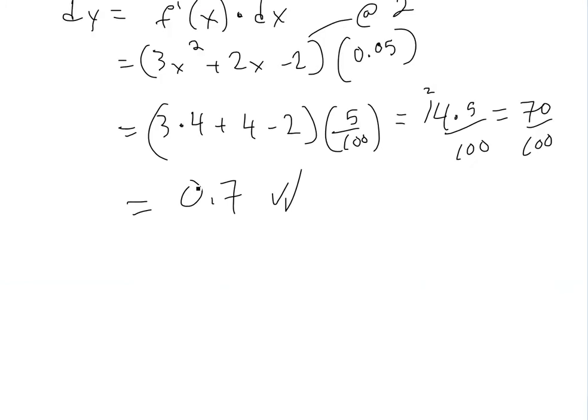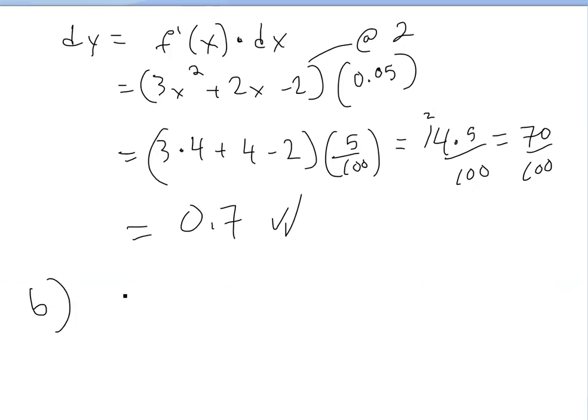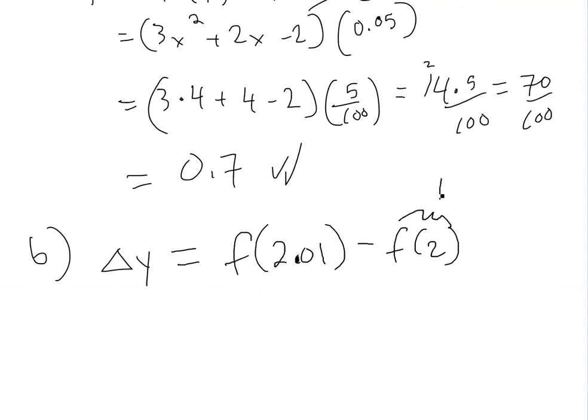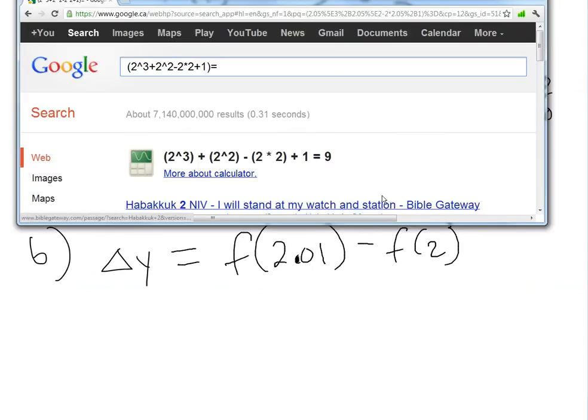So now let's look at part B. Let's look at delta y. This is from 2 to 2.01, so this is equal to f of 2.01 minus f of 2. The number we had for f of 2 is 9. So I'm going to plug into this calculator again.